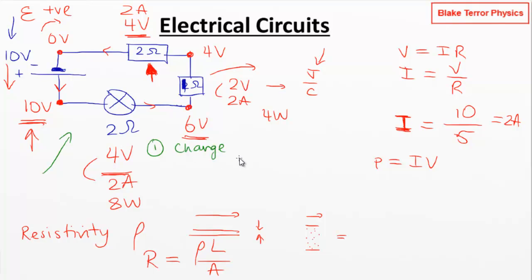If you get branches in a circuit, the current going into the junction is equal to the current going out of the junction. So if we've got a wire which splits, with current I coming in and I1 and I2 going out, then I is equal to I1 plus I2. This is really saying that charge is conserved as we go through these junctions.